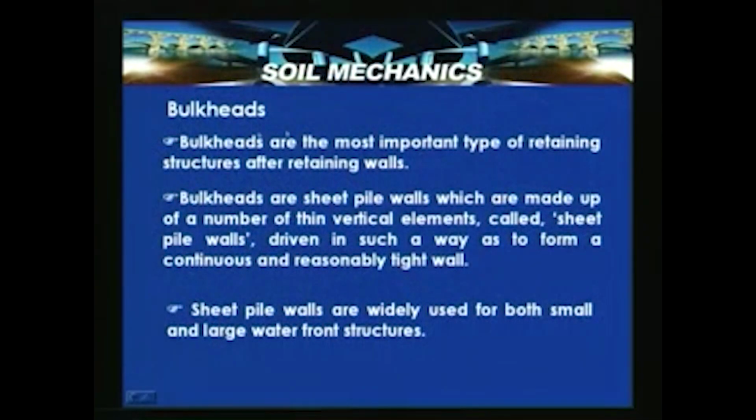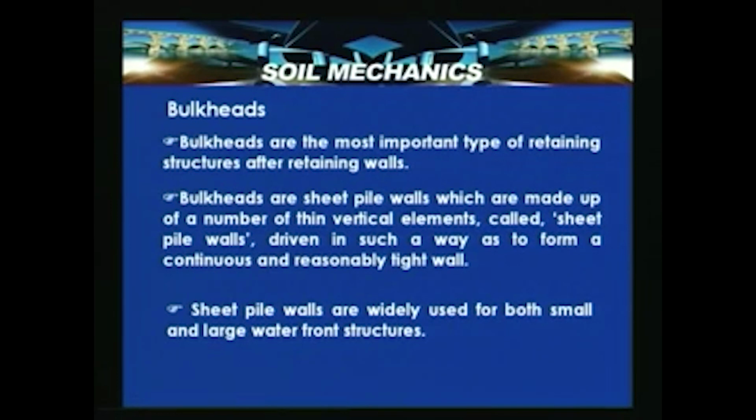So bulkheads are the most important type of retaining structures after retaining walls, and these are basically used in waterfront applications. Bulkheads are sheet pile walls made up of a number of thin vertical elements called sheet piles. The standard sheet pile sections are available, and these are driven into the ground and connected in such a way that they form a continuous wall.